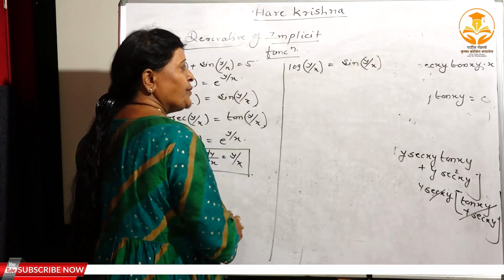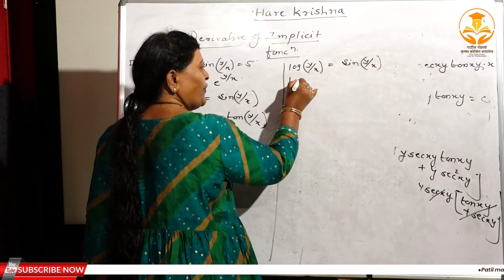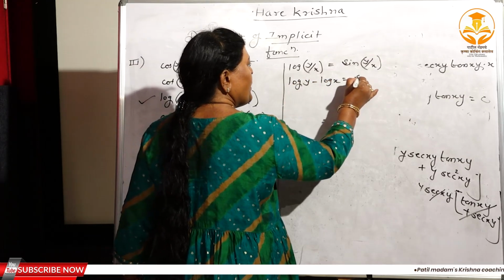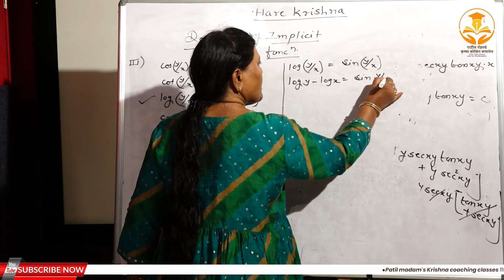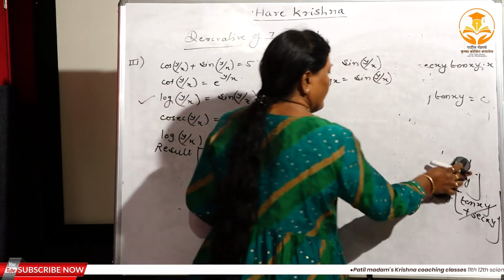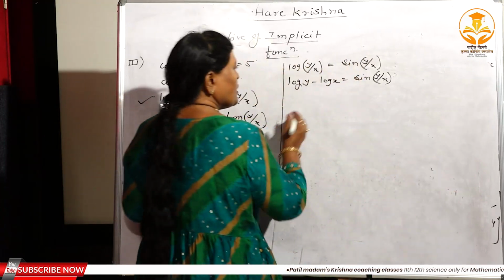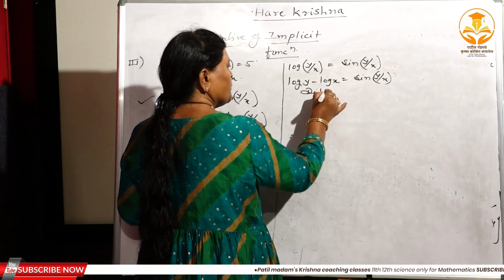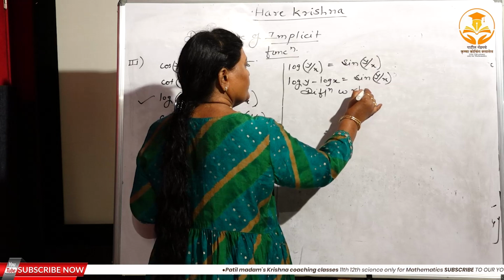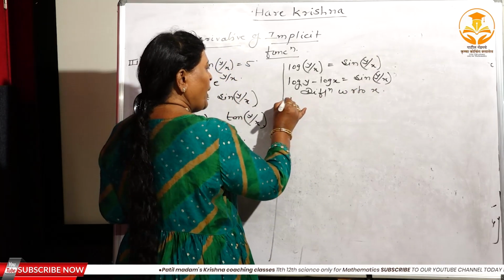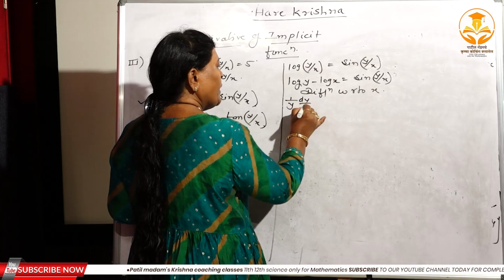Right. Now again, if you observe this you can write log of a by b as log of y minus log of x, and this remains as it is, sin y by x remains as it is. Now differentiate with respect to x. The derivative of log y is equal to 1 by y into dy by dx.